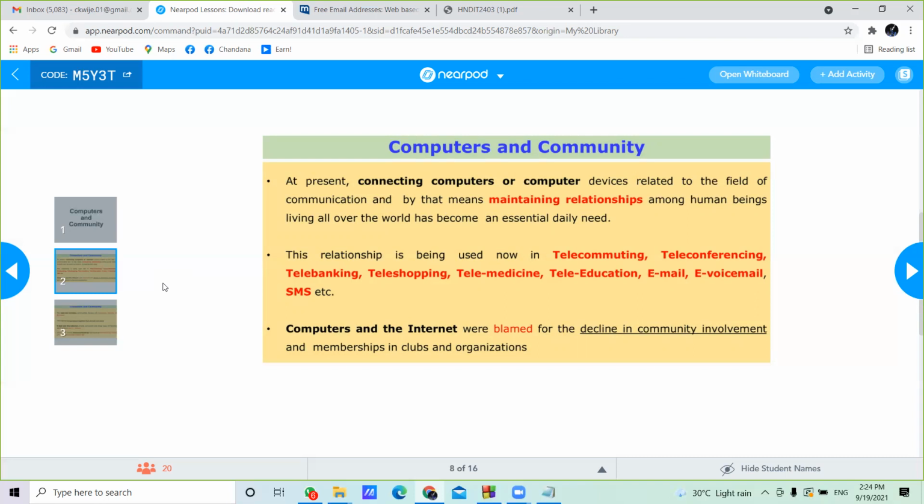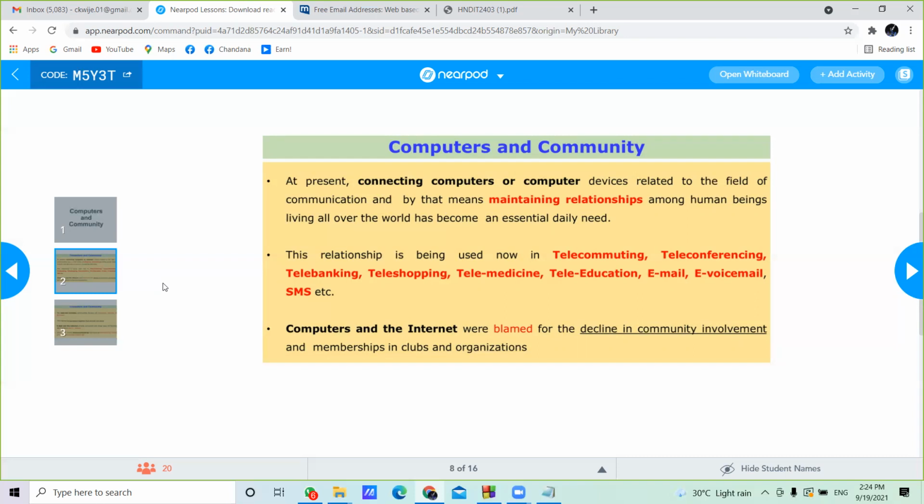Then email, e-voicemail, SMS, all of these have very vastly caused the development of relationships. Sometimes some organizations blame the internet because their membership is reduced.